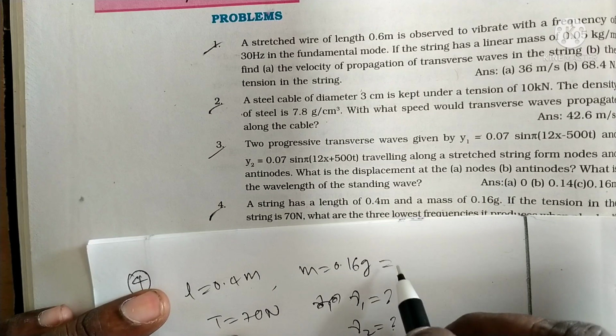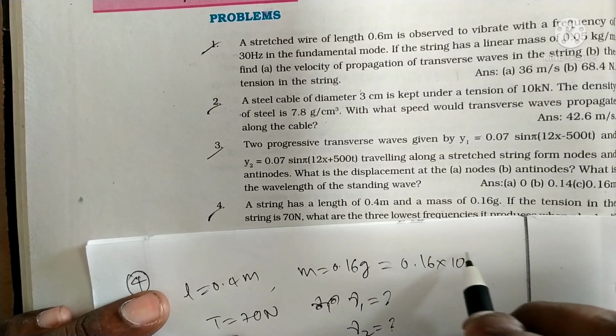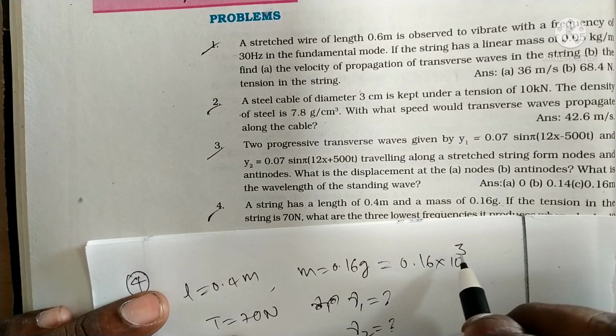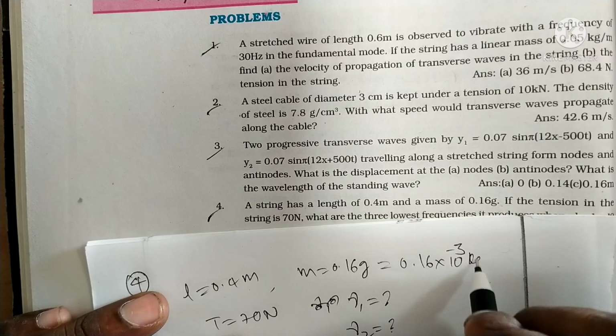It can be converted into SI units, that is kilograms: 0.16 into 10 to the power of minus 3 kg.